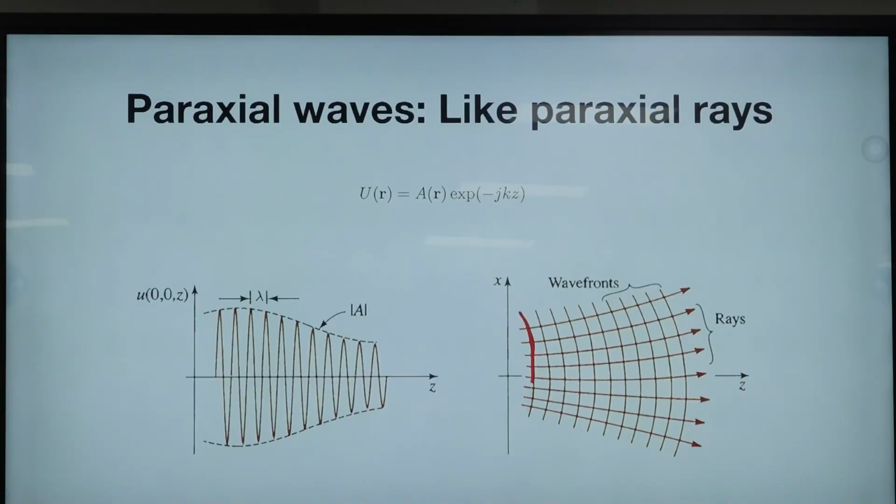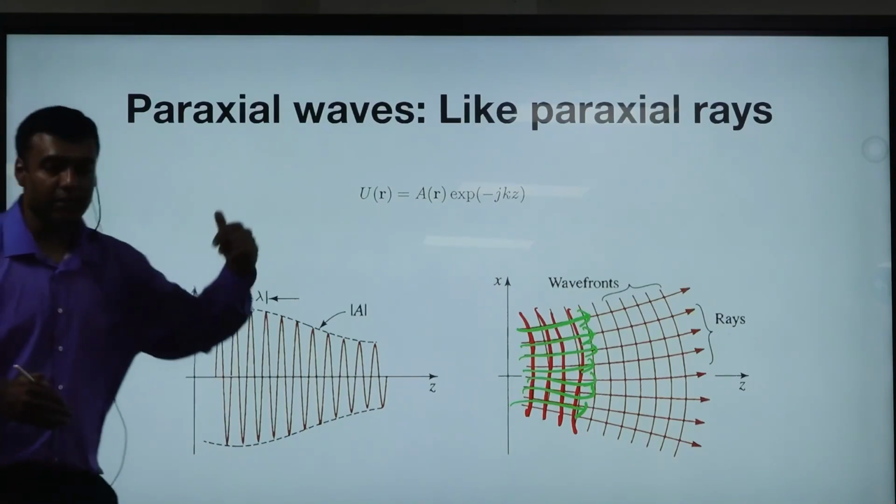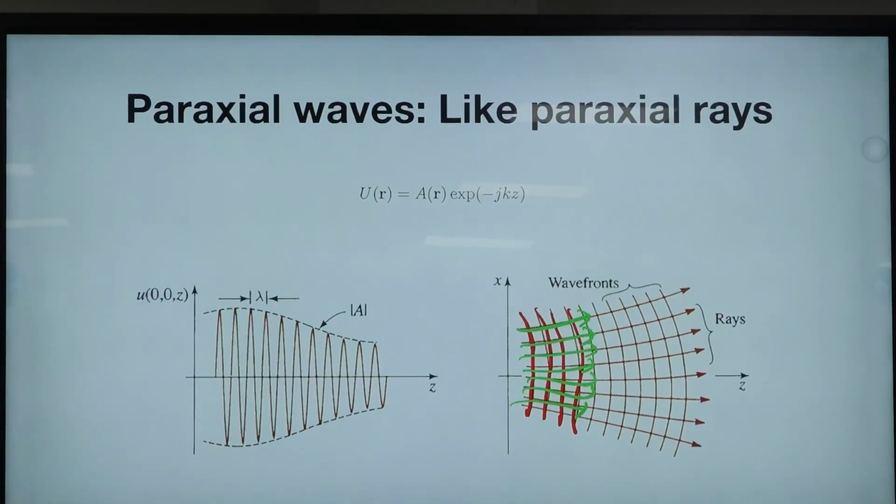So whenever you have a wavefront, you can draw a perpendicular at any point, and that's the direction of the ray. That's one way to think about rays.